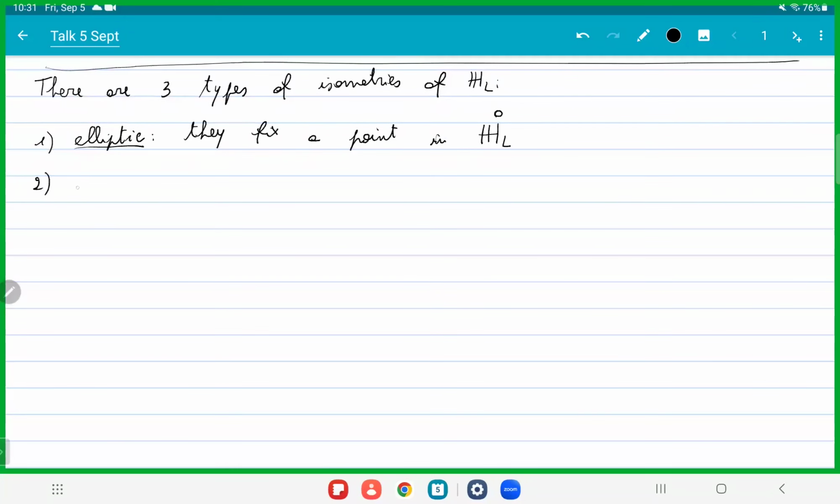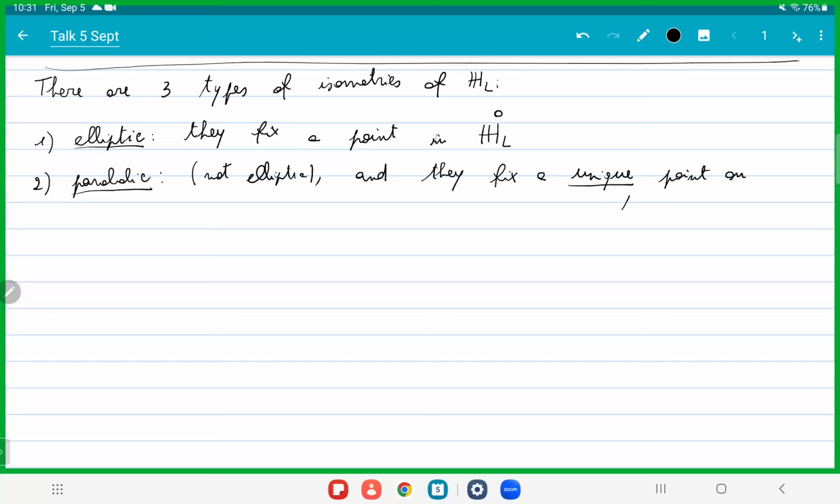Then we have parabolic isometries. These are, of course, not elliptic first, and they fix a unique point on the boundary, so a unique vector of norm 0.